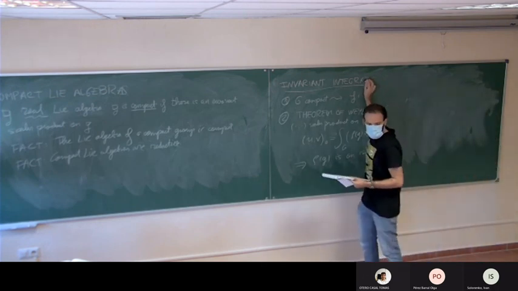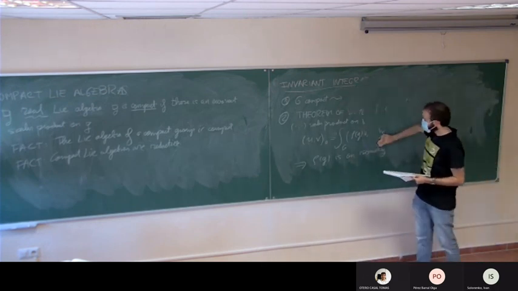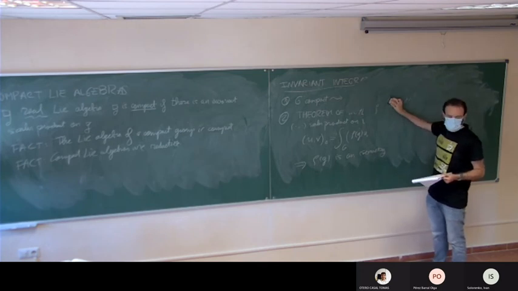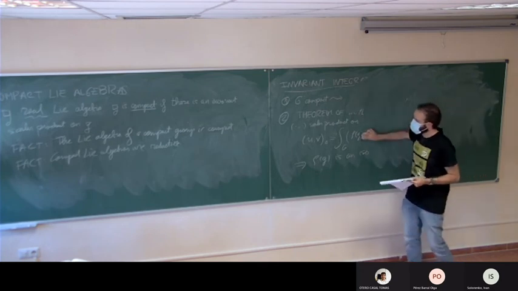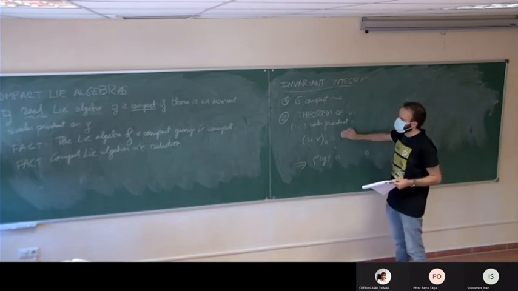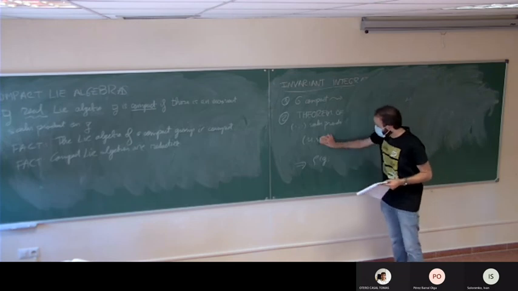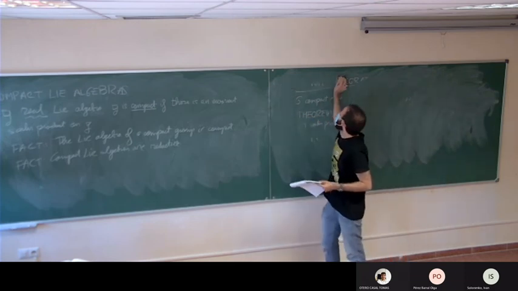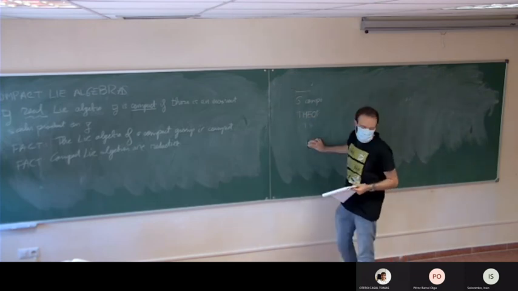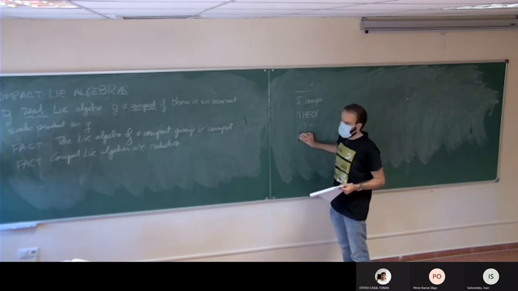I have one question here. You give this definition of compact algebra and say that it's compact if there is an invariant scalar product on G. And what about the outer automorphisms? Maybe you have outer automorphisms that do not act as isometries. Could that happen? I guess so.